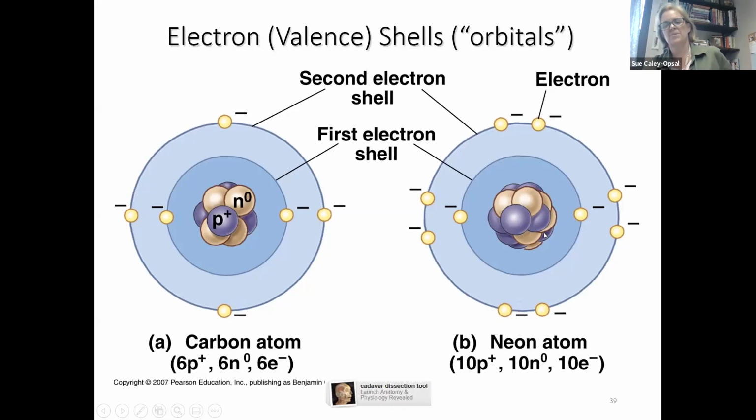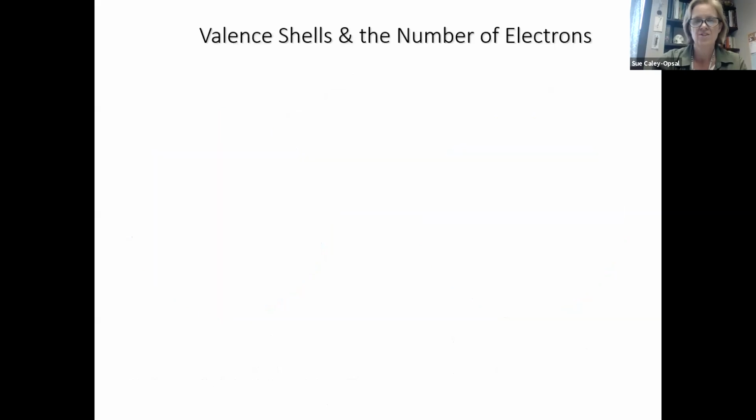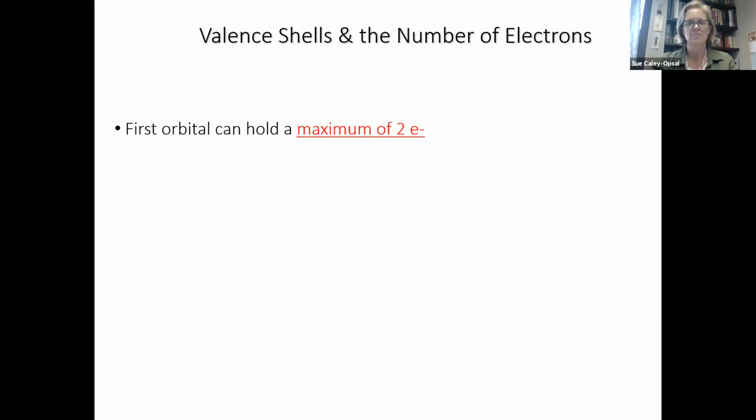You can sort of liken this to the planets orbiting the sun: you've got the protons and neutrons all densely packed here, and then you've got electrons that are floating around in different orbitals, just like the planets have their orbitals, and a moon has its orbital around a different planet. So anyway, the valence shells are important because they can help you predict how atoms are going to behave with other atoms.